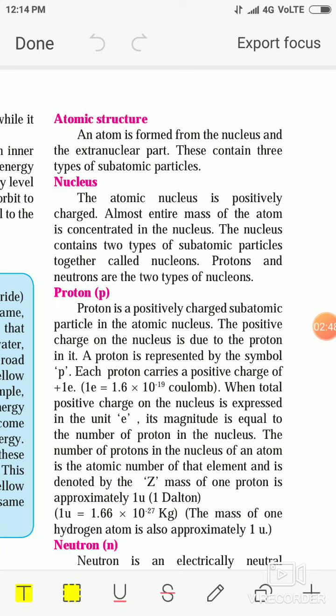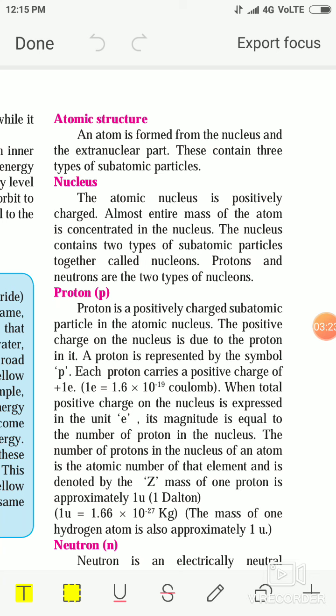Let's see the second nucleon, the neutron, which is denoted by small n. A neutron is an electrically neutral subatomic particle. The number of neutrons in the nucleus is denoted by capital N. Atomic nuclei of all elements except hydrogen, with atomic mass 1 unit, contain neutrons.